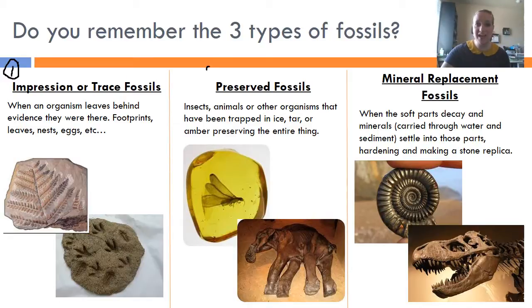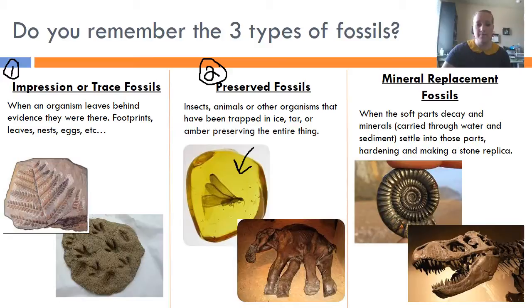Our second type is preserved organisms, where insects, animals, or other organisms have been trapped in either ice, tar, or amber, preserving the entire organism.